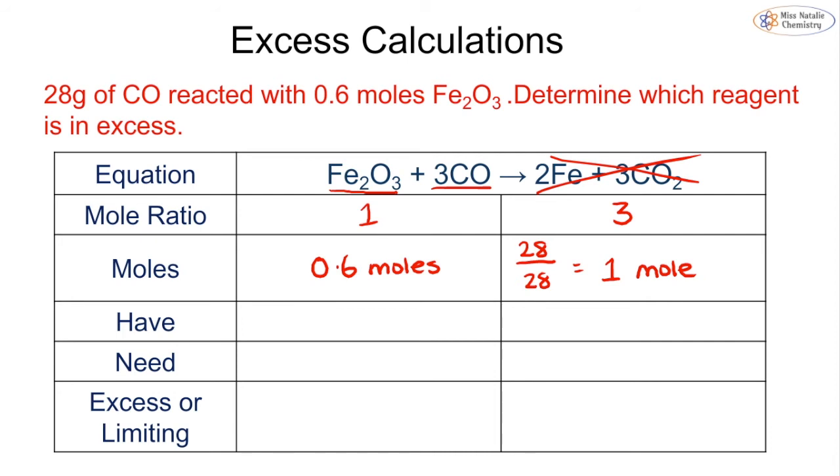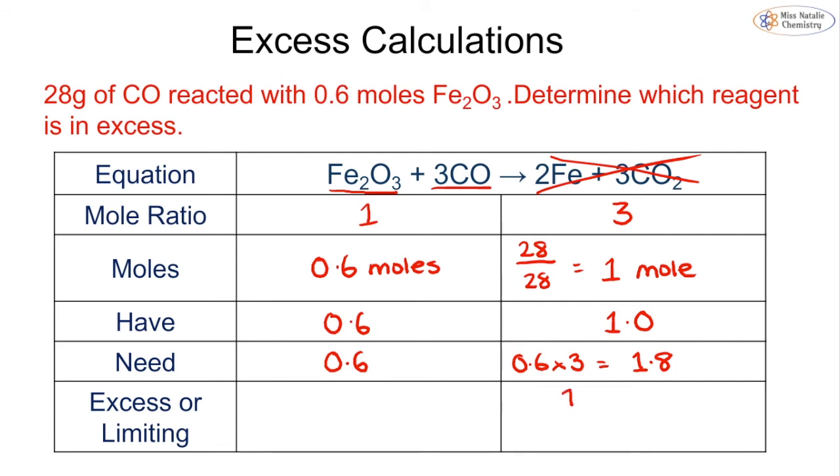So again, if I want to look at what I have, that's those numbers, versus what I need. Well, let's say I want to use all of my iron oxide, which is 0.6. How much will I need? Well, they're in a 1 to 3 ratio, so I would need 0.6 times 3, which would be 1.8 moles.